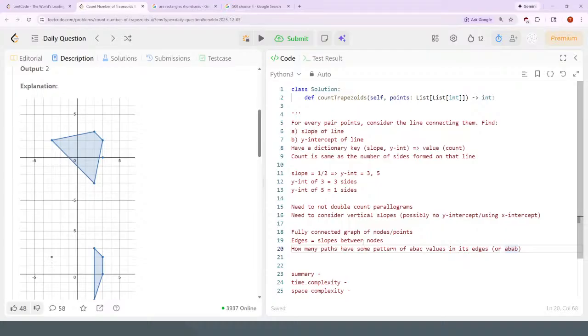B, A, B. So let's say this is point capital A, and this side is lowercase a.